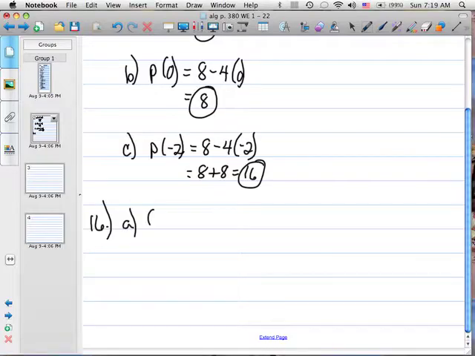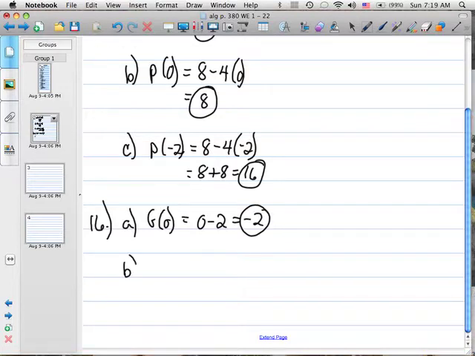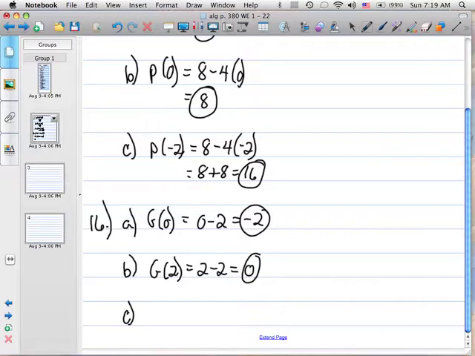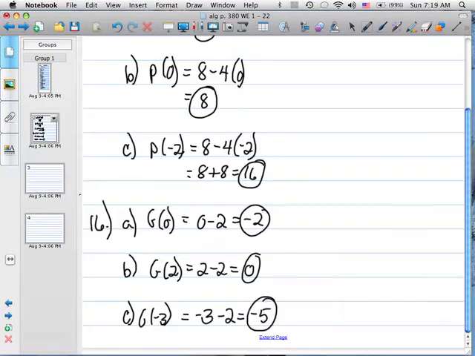So evaluating g at 0, we're going to put 0 minus 2, which is negative 2. Skip a line, b, g at 2. We're going to put in 2 for n, so we have 2 minus 2, which is 0. And then last, g at negative 3, so we put negative 3 in for n. So it'd be negative 3 minus 2, which is negative 5.